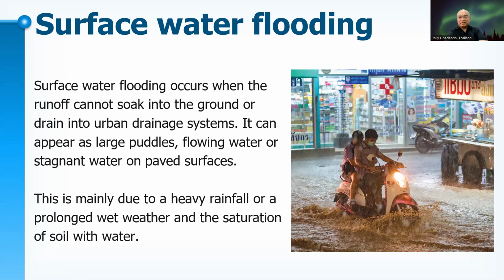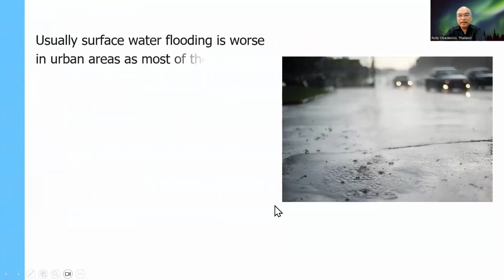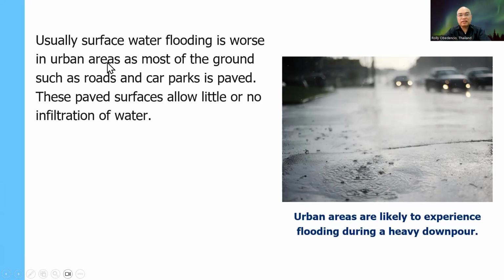So why is this? This is mainly due to heavy rainfall or prolonged wet weather and the saturation of soil with water. Okay? Then usually surface water flooding is worse in urban areas as most of the ground, such as roads and car parks, is paved.